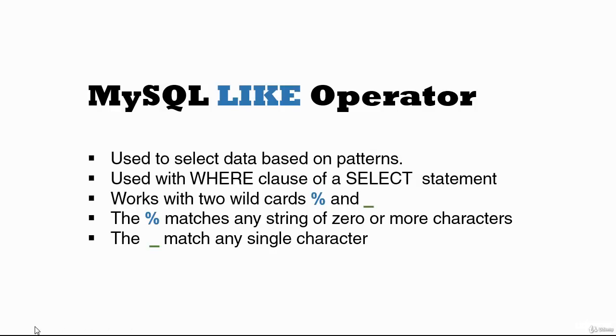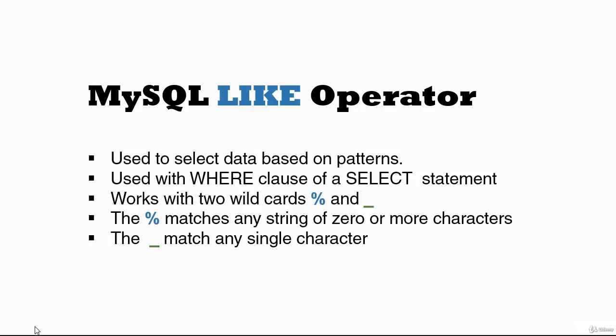The LIKE operator is used in combination with the where clause. So when you use the LIKE operator, you specify it after the where clause. The LIKE operator also works with 2 wildcards. They are the % and the underscore.